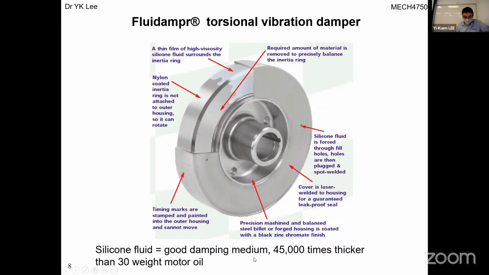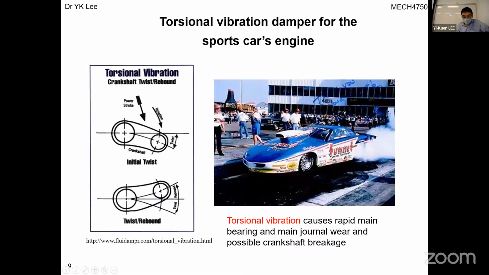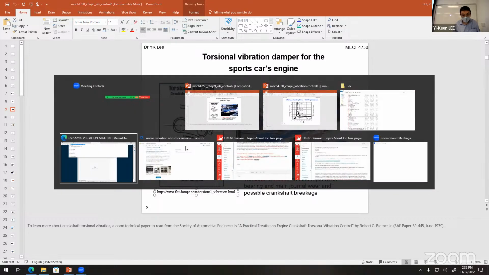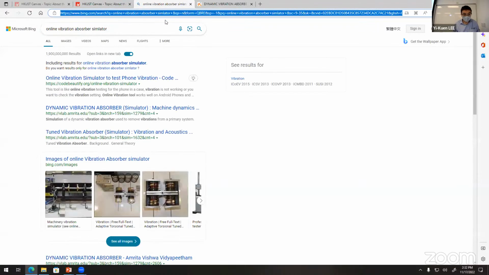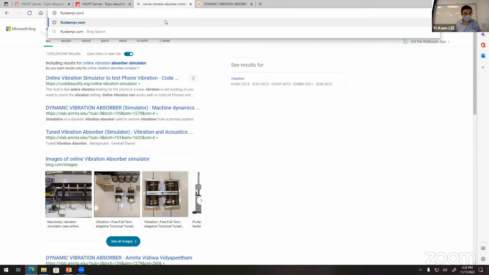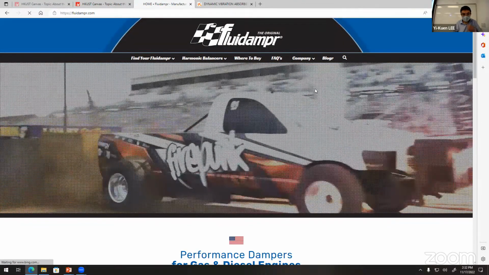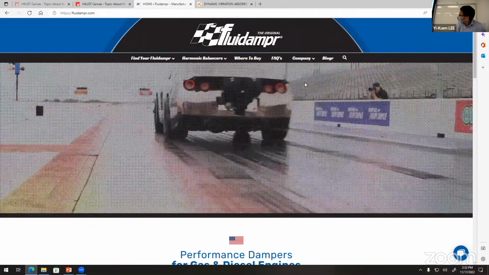It's used as a good damping material, 45,000 times thicker than motor oil. So this kind of torsional vibration damper most likely can be used in high-end cars, for example, racing cars. If you look at the company, you can find additional products.